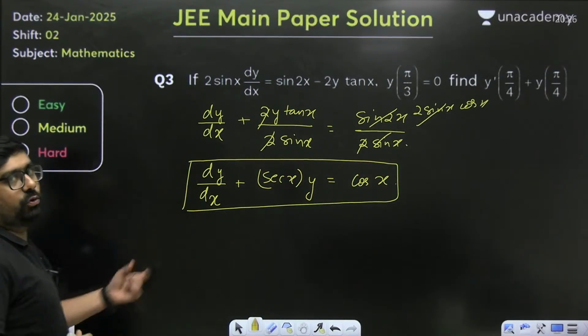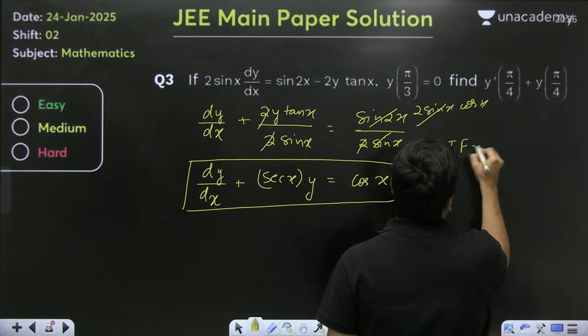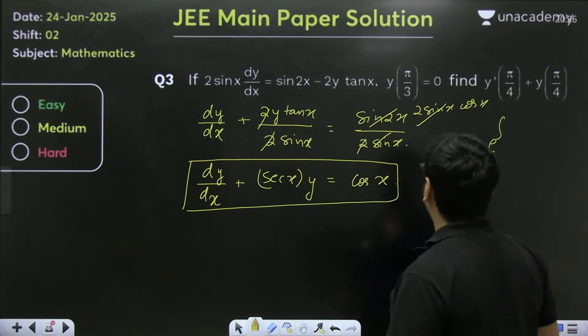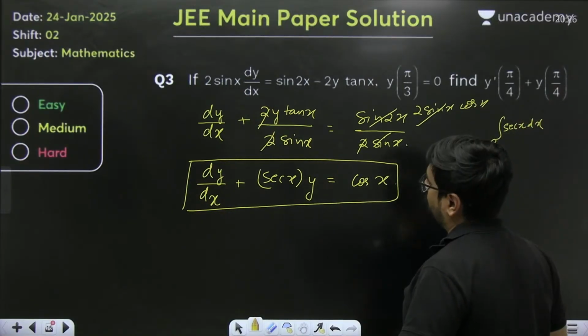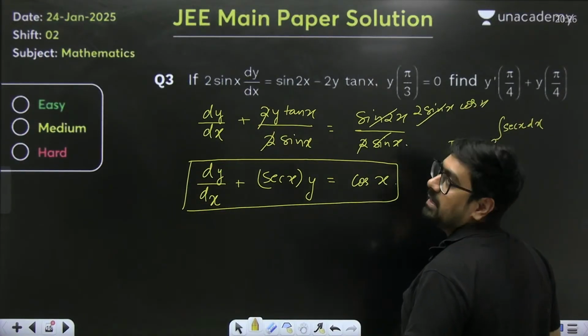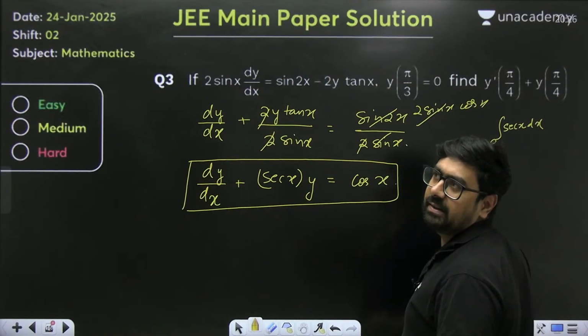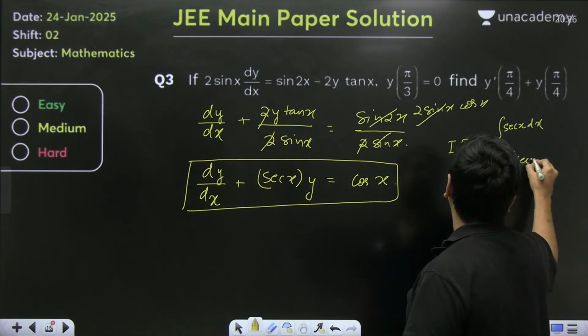This is your LDE. Now, this you know how to solve. You'll have to find your integrating factor. Integrating factor will be e to the power integration of sec x dx. This is ln of tan x plus sec x, correct? If I'm not wrong, right? This will be e to the power ln of sec x plus tan x.